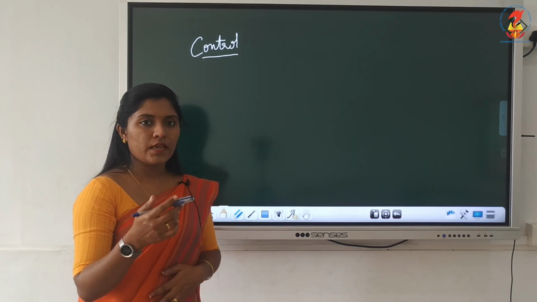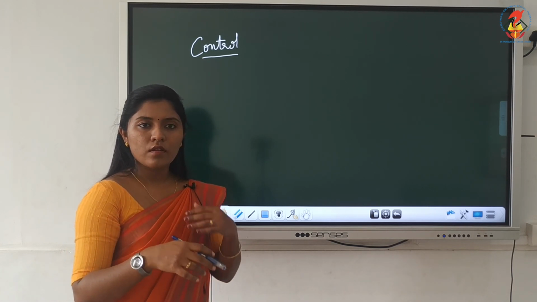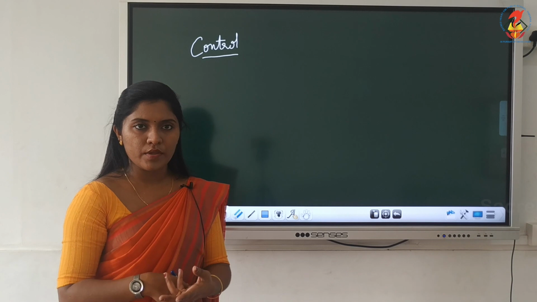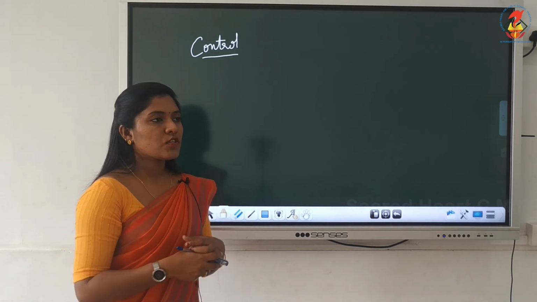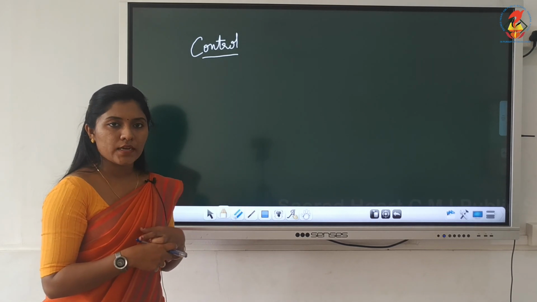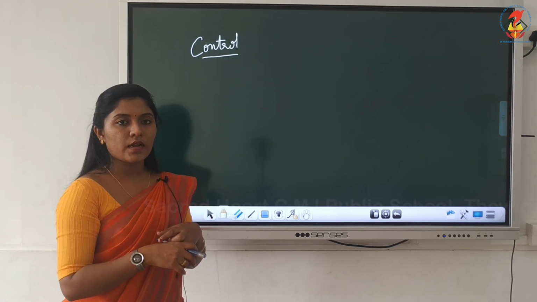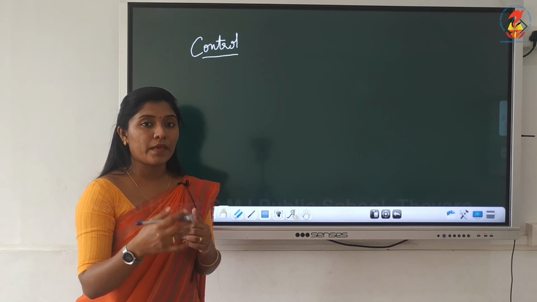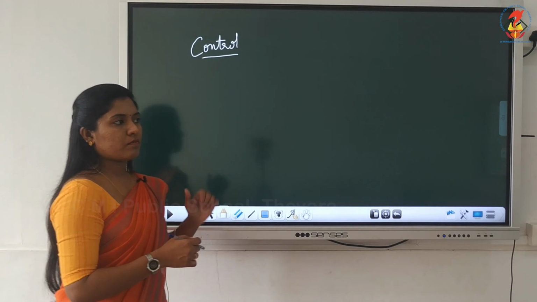As we discussed earlier, you do research mainly for modifying some behaviors, right? Some negative behaviors we can modify. So by knowing the causal factors or antecedent factors or determinants of behavior, we can control. Now you know when this behavior is going to occur, then you can control the behavior.